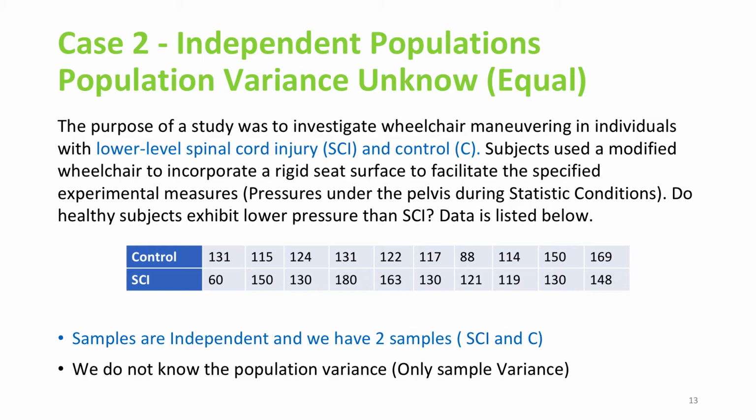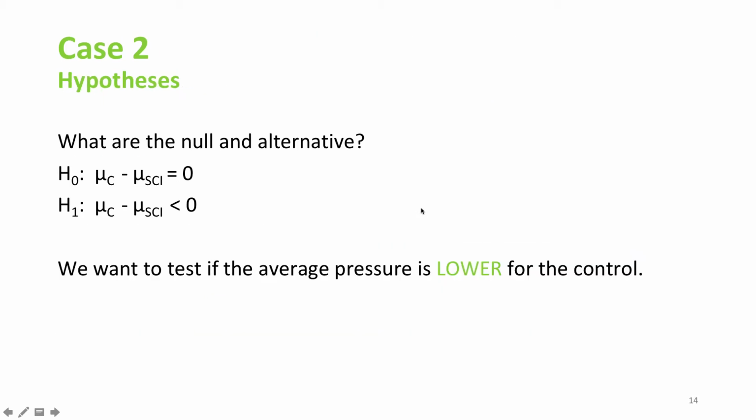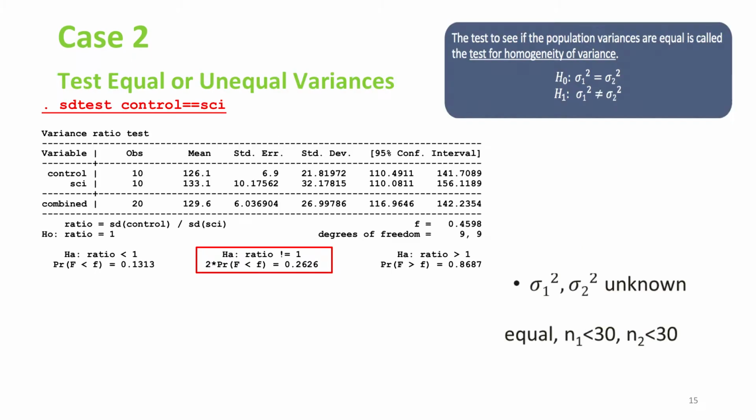Actually, this one should be healthy subjects lower than the SCI. So C is lower than S. Yeah, this should be for the healthy. Sorry, I'll correct it on the slide.